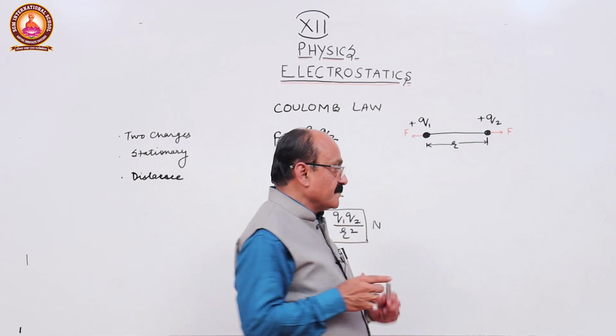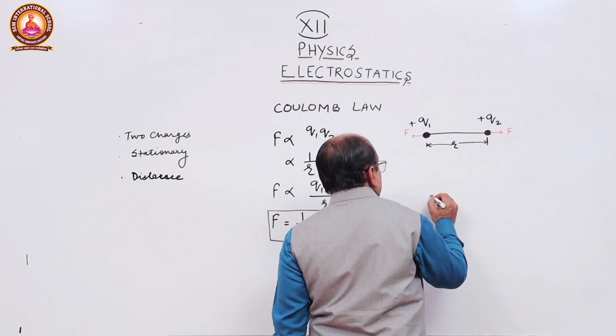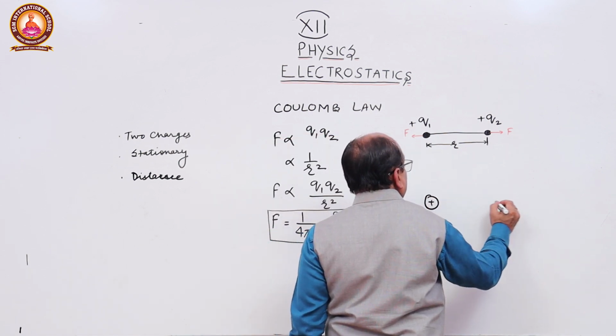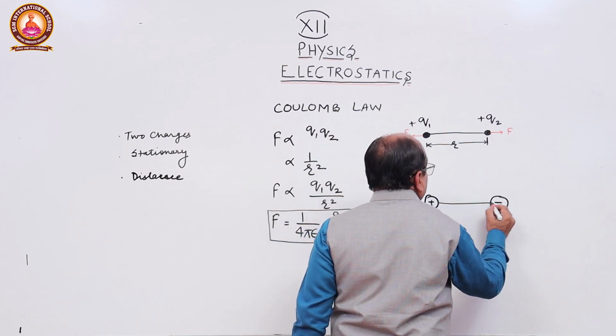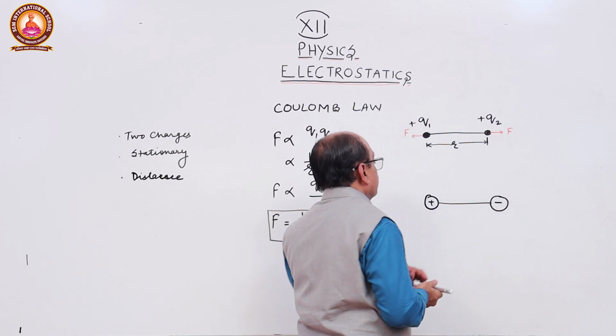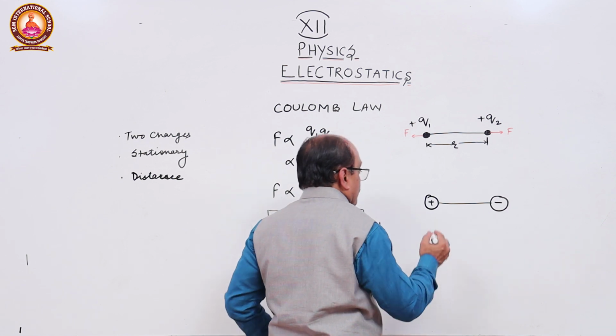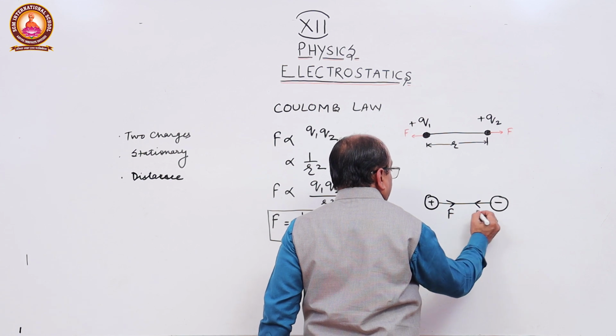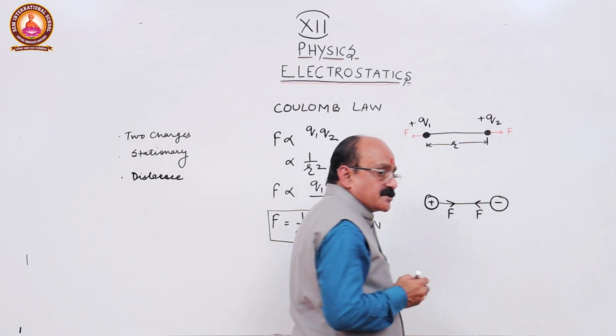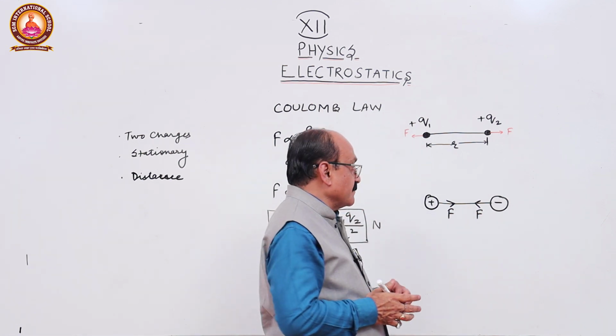Understand? Let me make it clear. If this charge is positive and this charge is negative, and this is the distance between them, now the direction of force will be inward. This is F, and the force will be attraction.